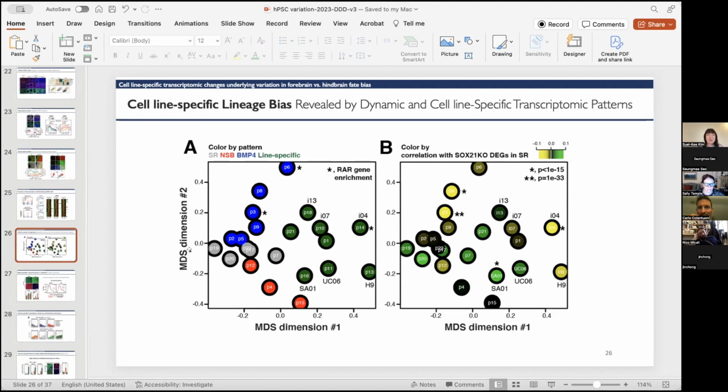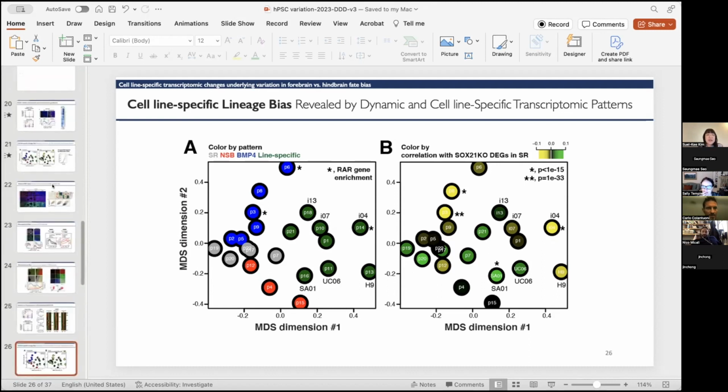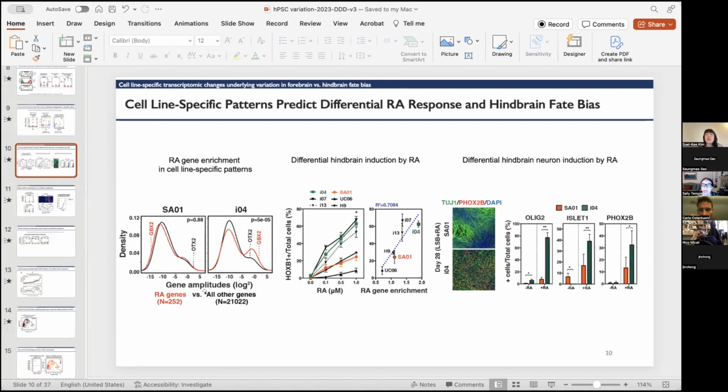I don't know how to express that. Because there are some features, the donor specific pattern has linked with lineage bias. That's why I think we are seeing these retinoic acid responses in the donor specific pattern.